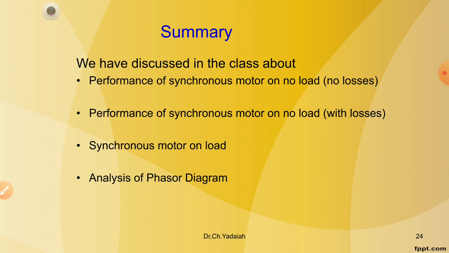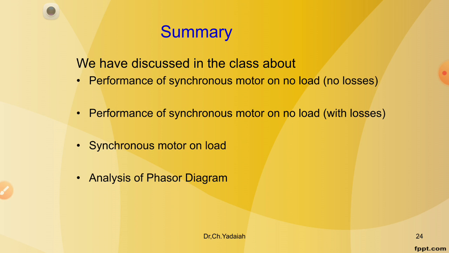That seems it is not practicable. Then we have considered a small amount of losses, to meet some torque. Torque is produced by drawing a small amount of armature current. Then we have analysed that situation also.